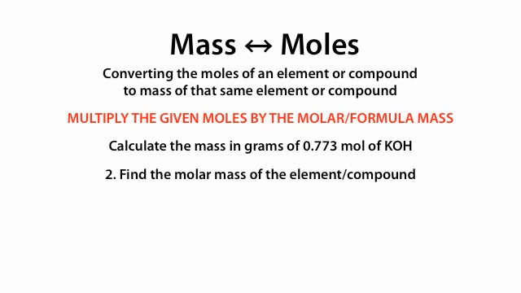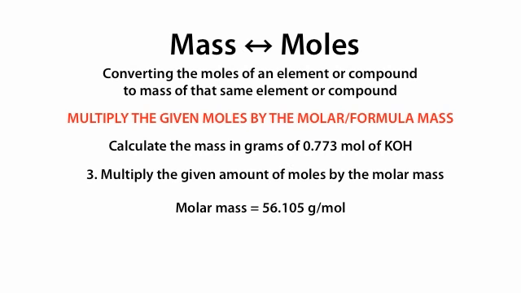Step 2, find the molar mass of the element or compound. So I'm going to find the molar mass of KOH just the same way as we've been doing it before, and I get a molar mass of 56.105 grams per mole. Step 3, multiply the given amount of moles by the molar mass.